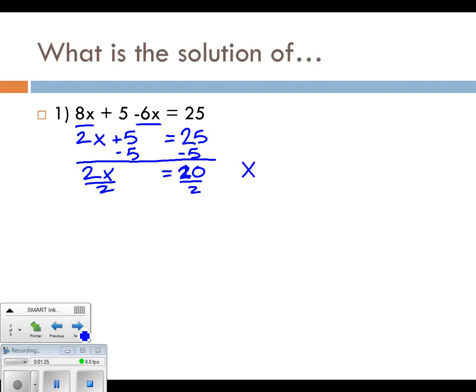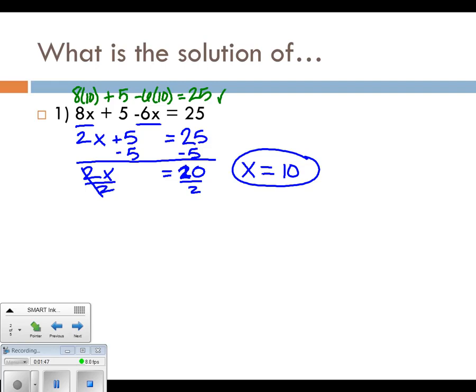So x is 10. So our solution is 10. And then we can come back, check our work. So come up here and do 8 times 10 plus 5 minus 6 times 10. And is that the same as 25? And that works, so 10 is the correct solution.